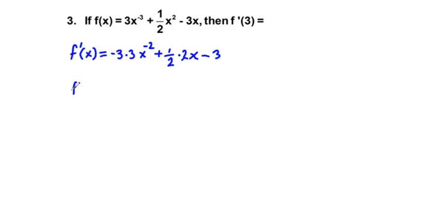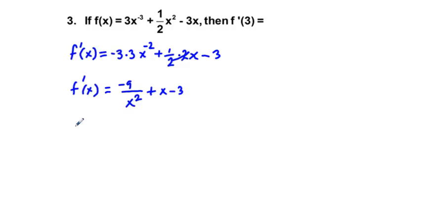So f prime of x is equal to, simplifying, this negative 3 times 3 on top is going to be negative 9 on top, and the bottom we have x squared, and then this 1/2 of 2 cancel each other, so we have plus x minus 3.